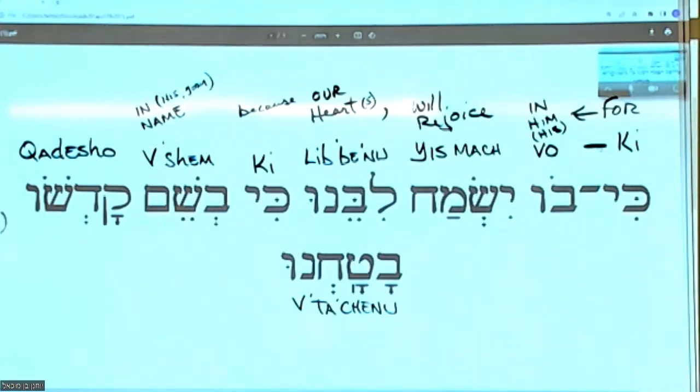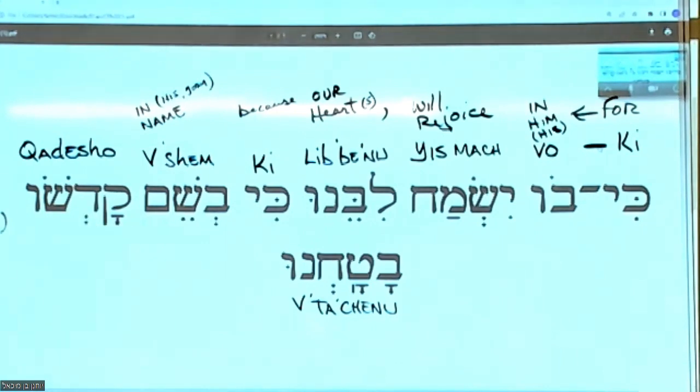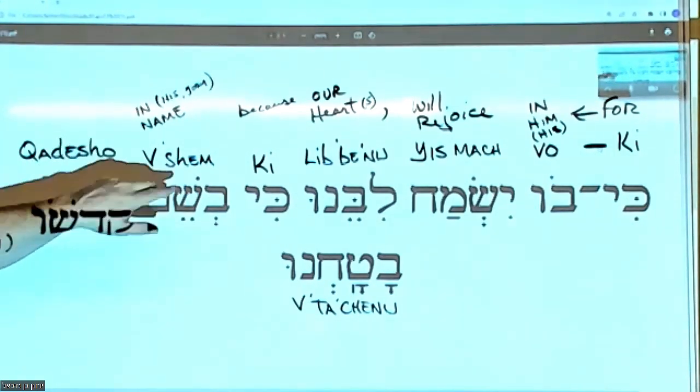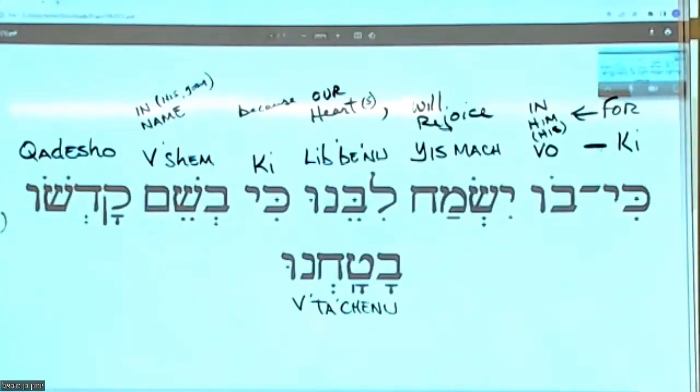now we have the word kadisho. Okay, so the root word is kadosh, which means holy. Then we have this O on the end. And O, used as a suffix, means his, right? So, in his holy name. In the name of your holiness.